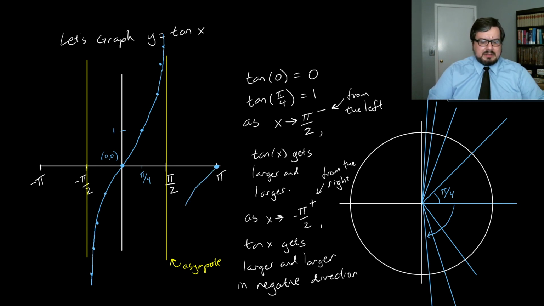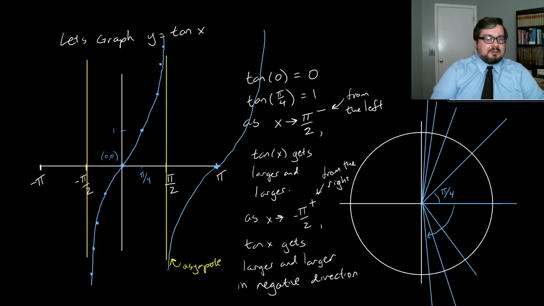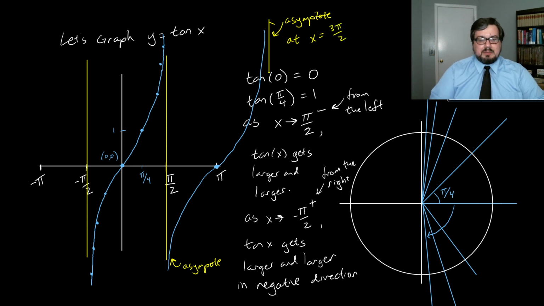So we're going to be getting something going down like this, something going up like this, and in fact, we're even going to be getting an asymptote over here. And this asymptote is going to be at x equals 3 pi over 2, because that's pi to the right of the asymptote at pi over 2.